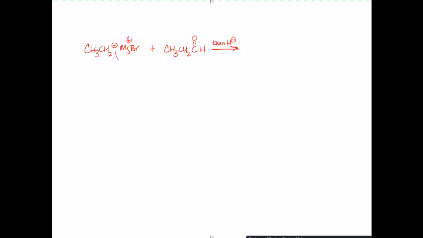The C minus is going to come in and attack the carbonyl, and the pair of electrons will go up here. I'll add a CH2CH3 group here, and I will make the O minus. Now, the counter ion to that O minus is an MgBr plus, but we normally don't show that. And then I add my H plus step, which means my O minus comes and reacts with the H plus, and I form my final product.